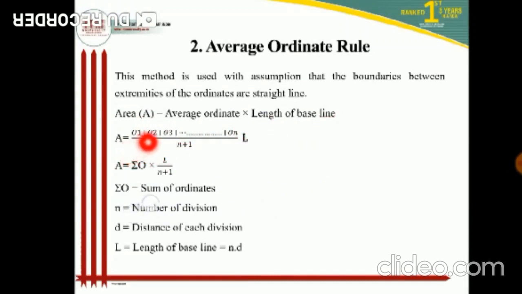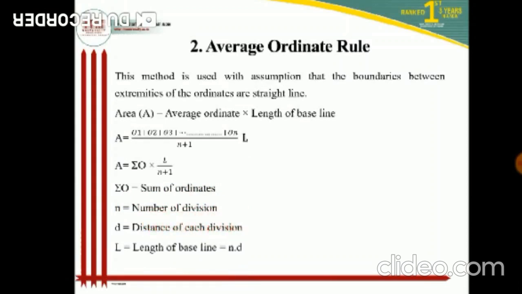Area A is equal to O1 plus O2 plus O3 dot On divided by n plus 1, into L. These terms O1 plus O2 plus O3 dot On are the summation of ordinates. So the summation of O is called the sum of ordinates, n is the number of divisions, D is the distance of each division, and L is the baseline length, which is equal to ND.